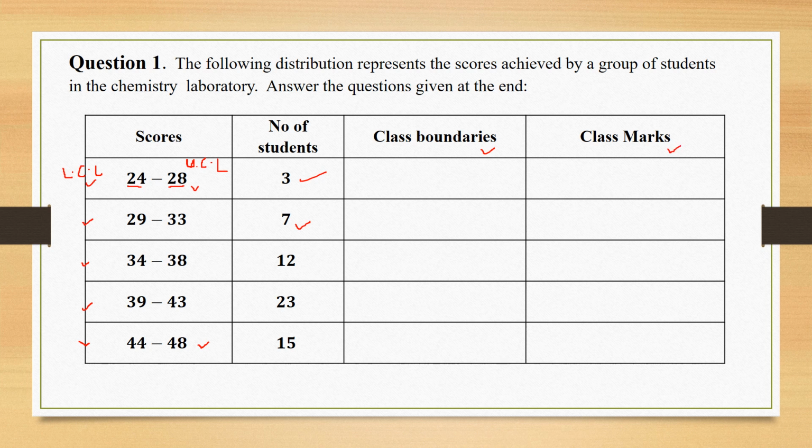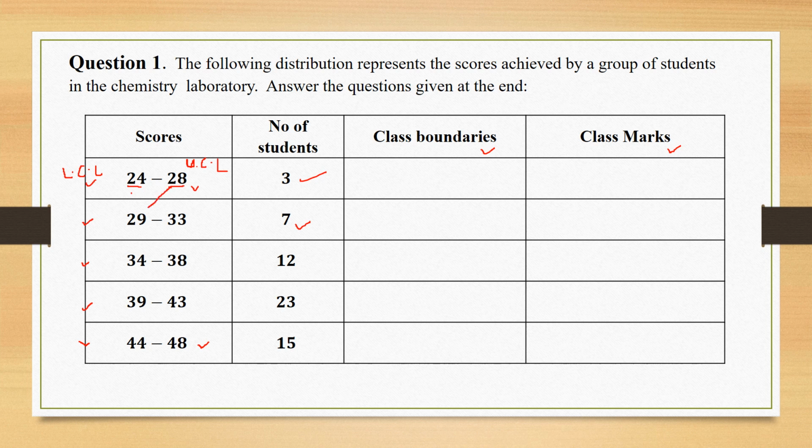Now in the next slide we have already found the class boundaries and class marks. How to find class boundaries and class mark? Look at the first one, 24 to 28. Look at the upper limit of the first class and the lower limit of the second class.